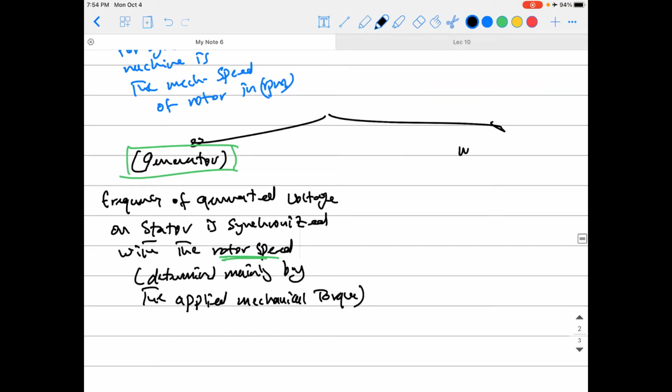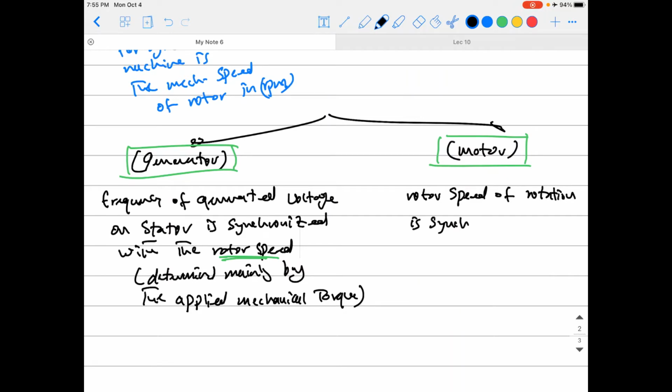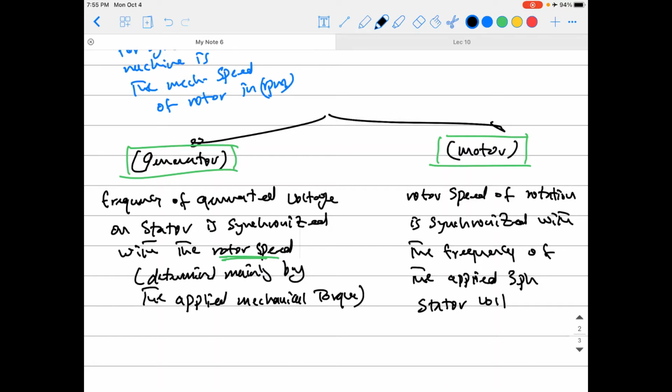If you're talking about motor mode, what we mean by a synchronous motor in a synchronous machine is that the rotor speed of rotation is synchronized with the frequency of the applied three-phase stator voltage.